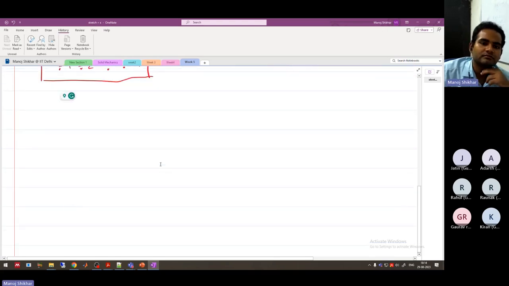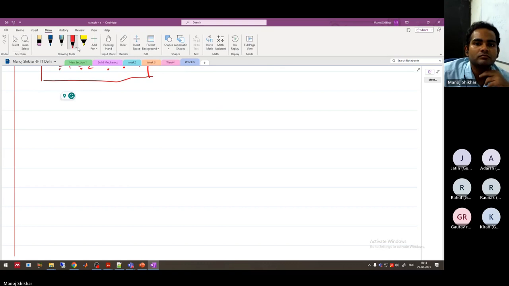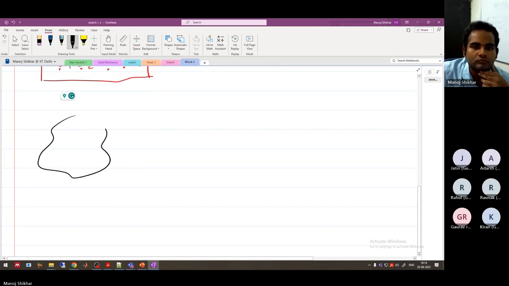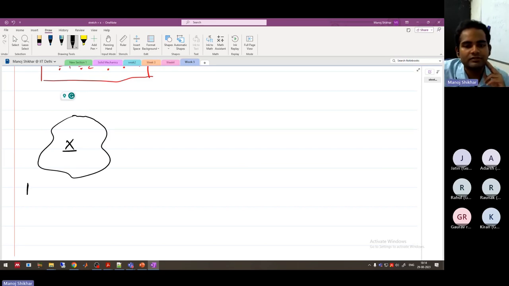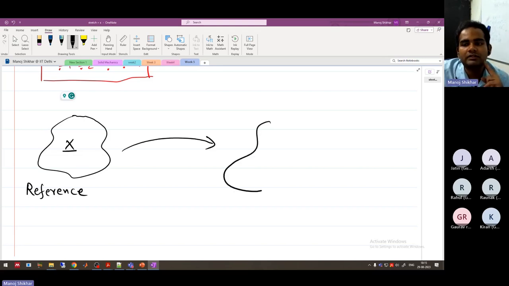A few other things. Suppose this is the initial state of the body, so we call it the reference. And after some deformation, the body becomes like this.